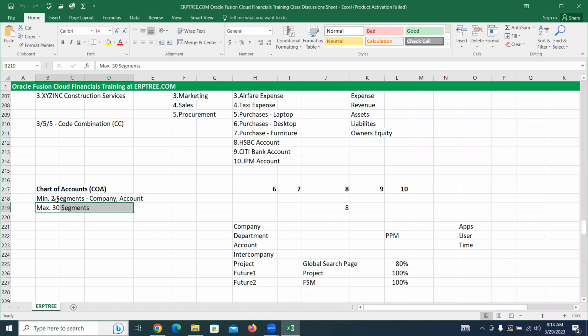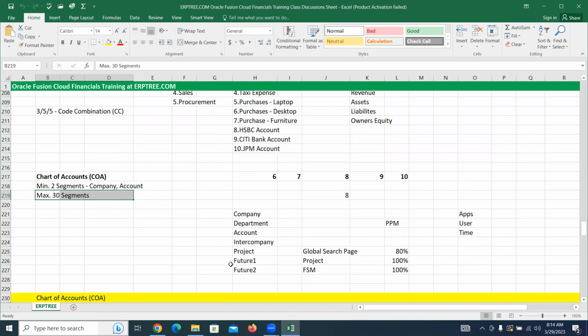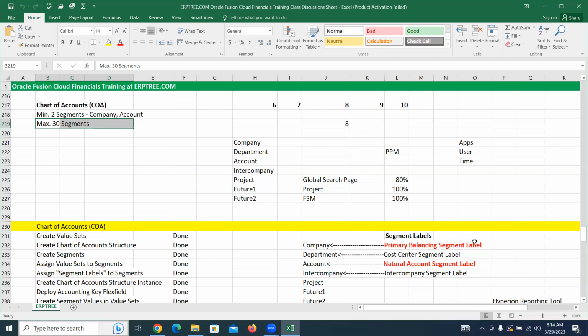Instead of calling the 2 mandatory segments in the chart of accounts company and account, you can now start calling these segments based on the labels. Since we are assigning the primary balancing segment label to the company segment, you can call it the balancing segment.